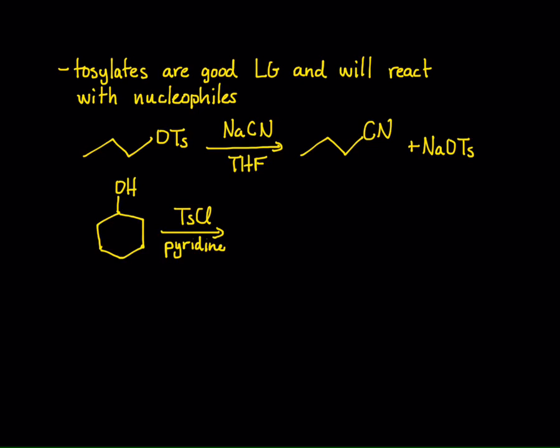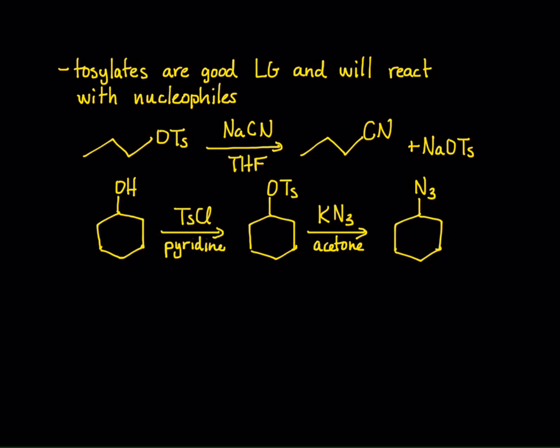Pyridine, again, my weak base, and I get my tosylate. Now I have my tosylate. That OTs is a good leaving group, and I can react it with a nucleophile like azide. So here's potassium azide in acetone. I'm using a polar aprotic solvent, and I get azidocyclohexane.